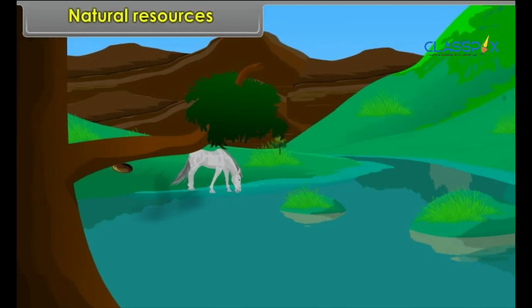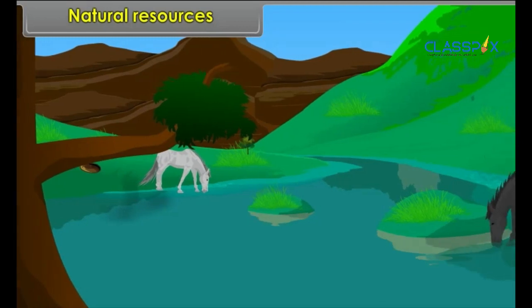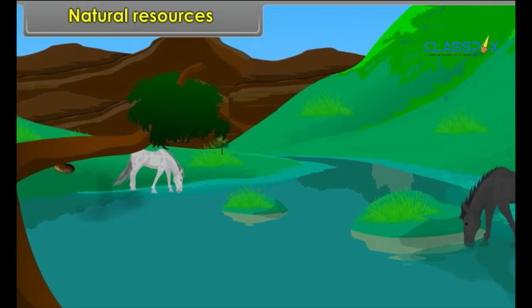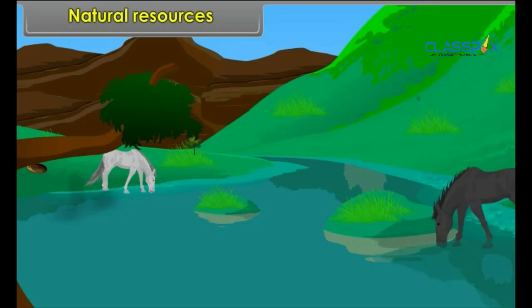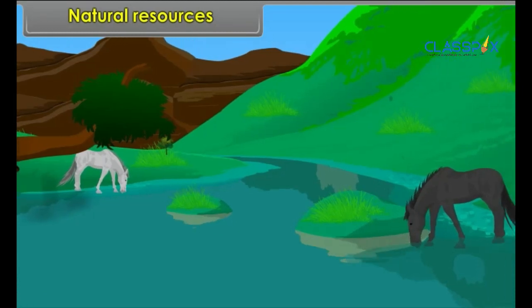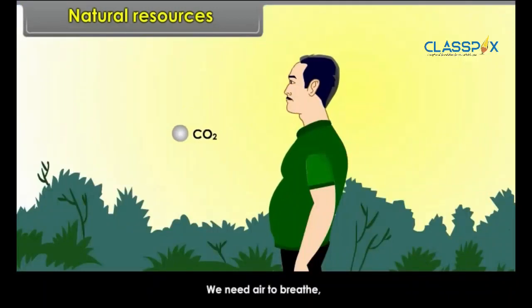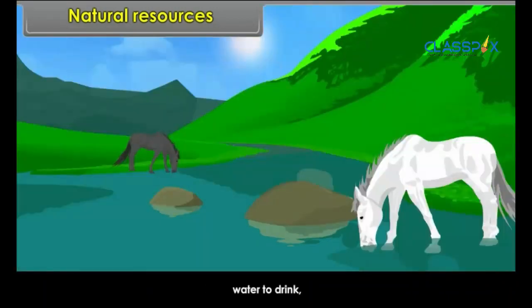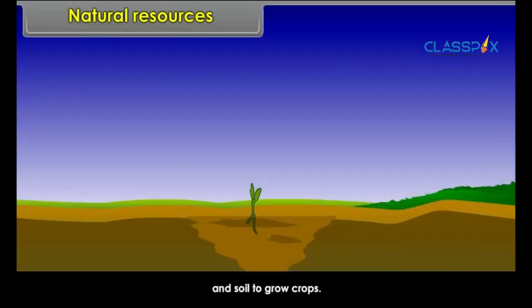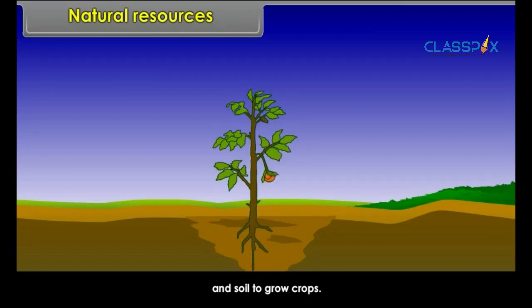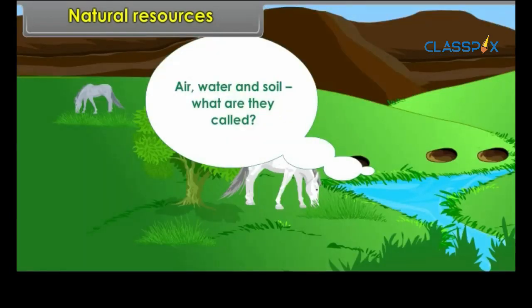Natural resources. Let us start the chapter by explaining the term natural resource very briefly with a suitable example. We need air to breathe, water to drink, and soil to grow crops. Air, water, and soil. What are they called?